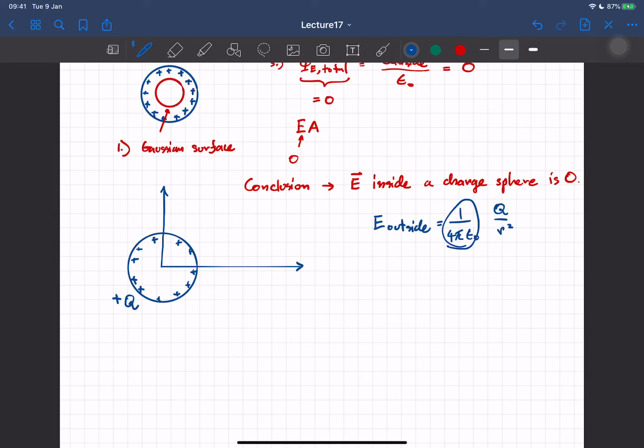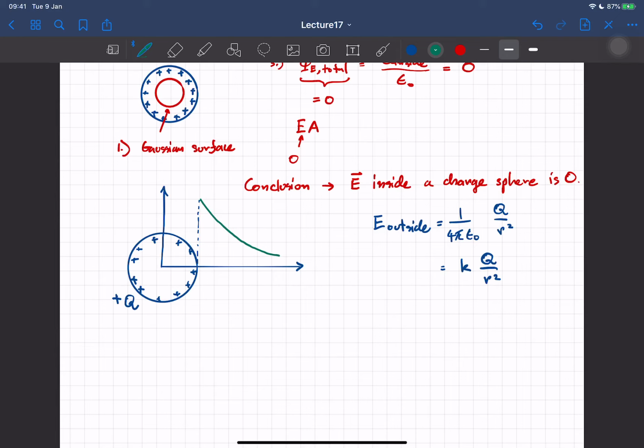Or if you don't like 1 over 4 pi epsilon 0, you can just say K instead, to save some space. It's the same K that we knew earlier, the electric constant, times Q over R squared. That's true for any point outside, so the electric field will have this kind of 1 over R squared dependence, like this.